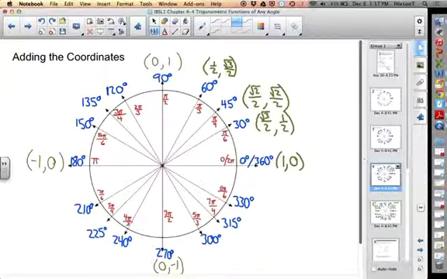Here's the thing though, look at our radians. Let me show you. This and this, and this and this, those are all the same reference angle. What do you notice about all the angles in radians particularly? They're all pi over something.